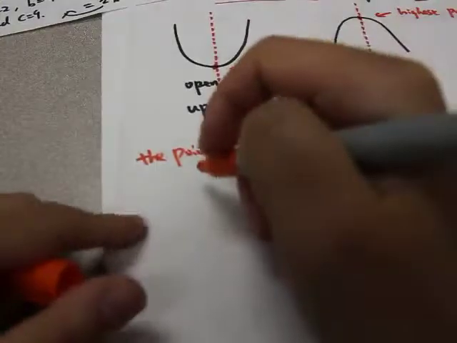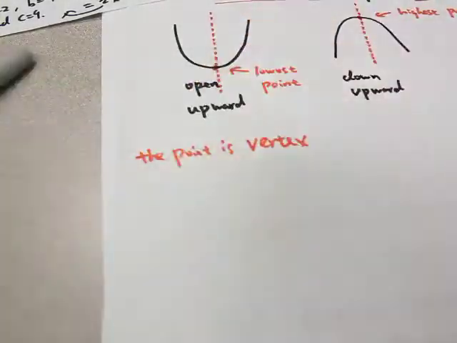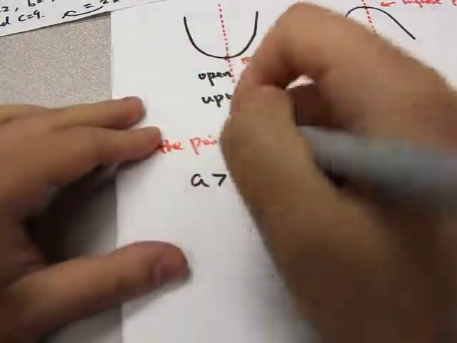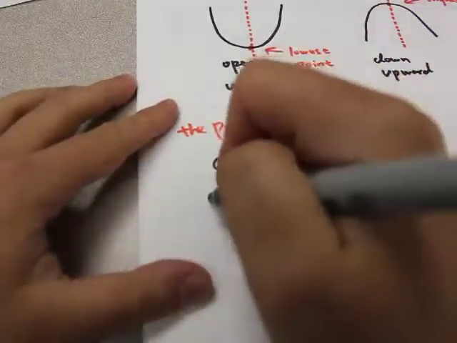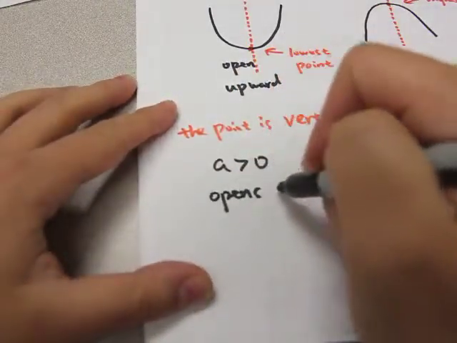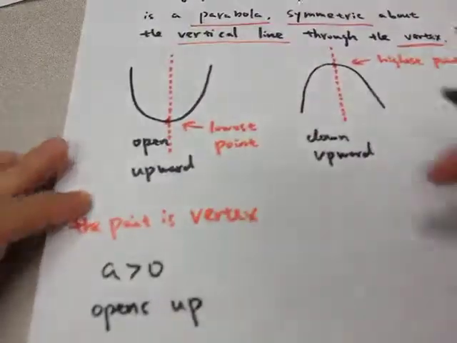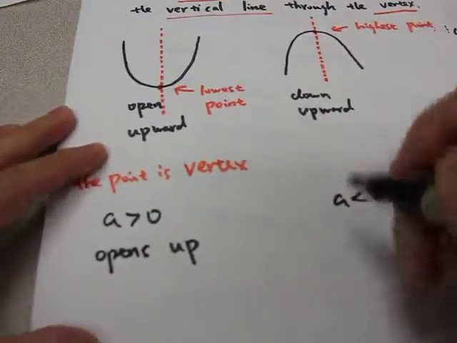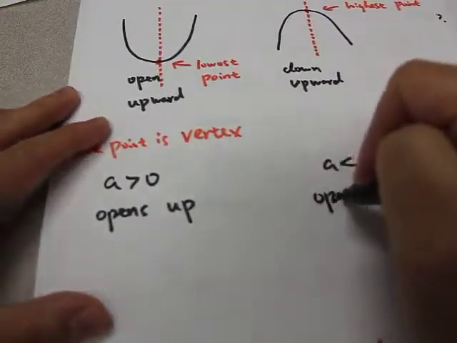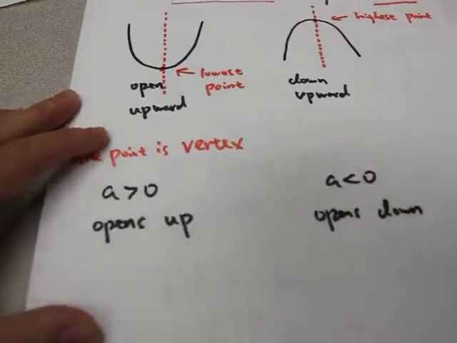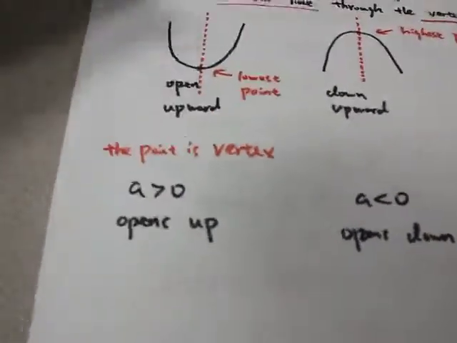If this number a is a positive number, then the graph opens up. And if a is a negative number, the graph opens down.